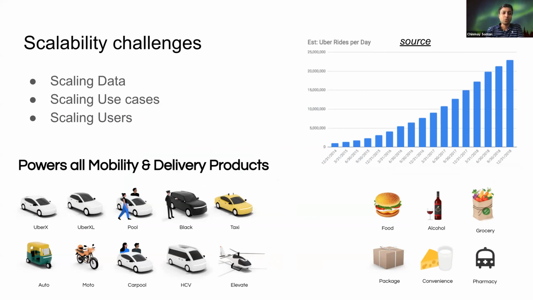In addition, Uber keeps adding new lines of business over the years, which leads to a wide variety of use cases being onboarded onto the platform. And they can all have diverse set of requirements, as I mentioned before. And finally, the platform has to support a large user base consisting of engineers, data scientists, operators, PMs, and execs with a wide variety of skill sets, which makes it even more challenging.